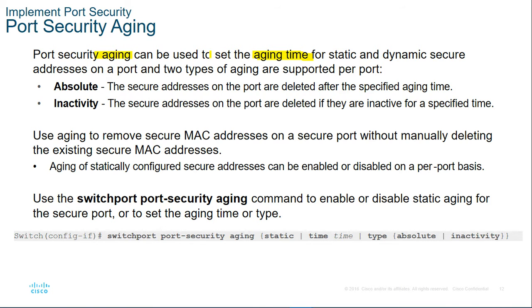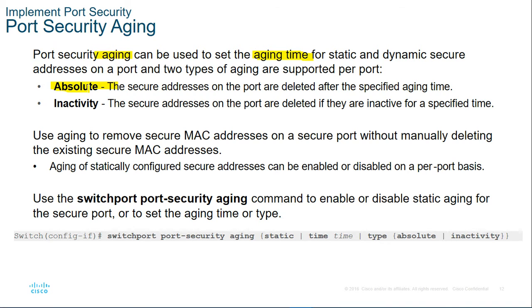For example, if I specify 10 minutes, the MAC address will be preserved for only 10 minutes. After 10 minutes, it will delete that MAC address from that interface, which means that PC cannot access that interface.